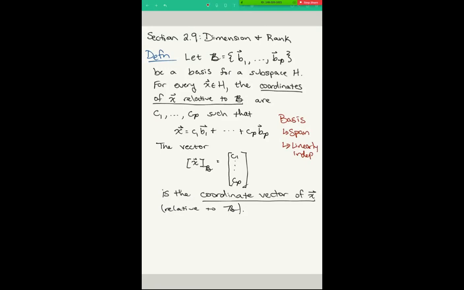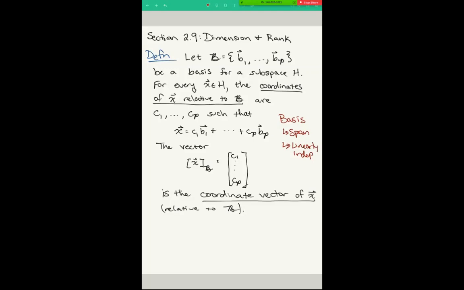So let's start with our first definition. If we let B be a basis for our subspace H, then for any x in H, we can find coordinates relative to that basis. And these are the weights if we write x as a linear combination of our basis vectors.